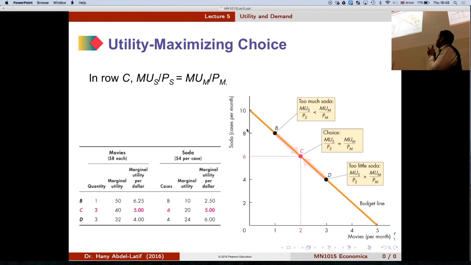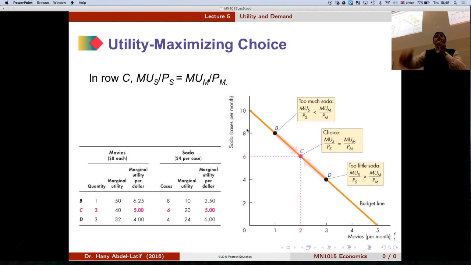And at the same time, if this is greater, so I want this to be smaller, again, I have no control on the price. I can only change the marginal utility of movies, by watching more movies or less movies. So you can see here, this is greater. So I want this to be smaller. Then I should buy more movies.